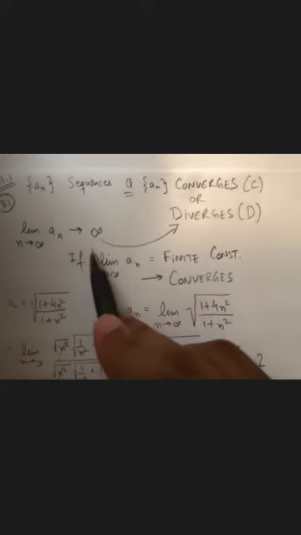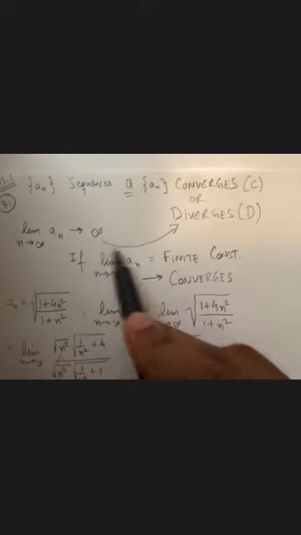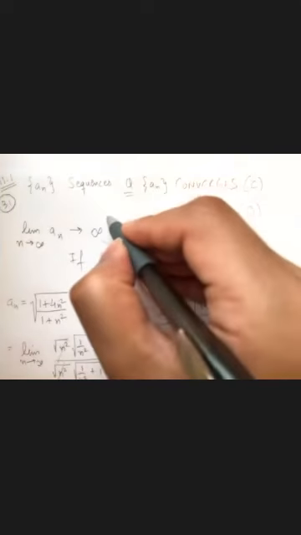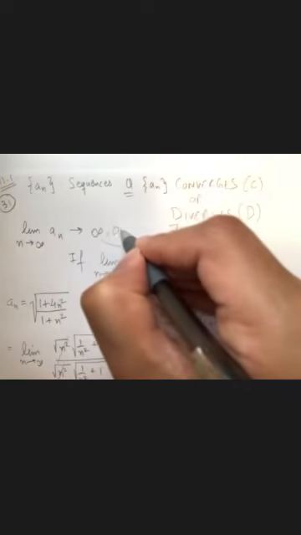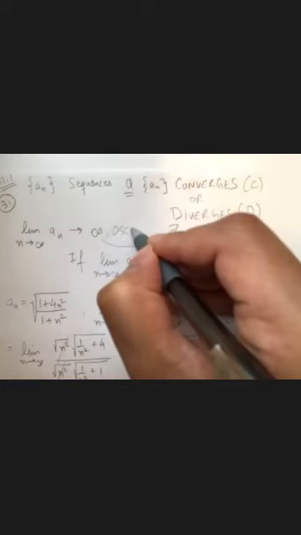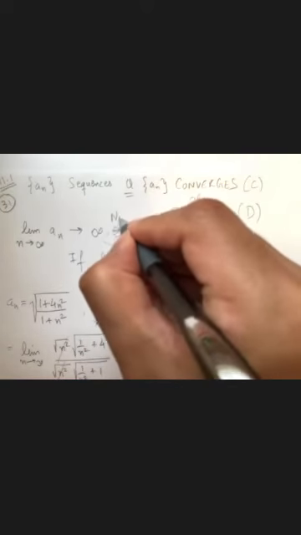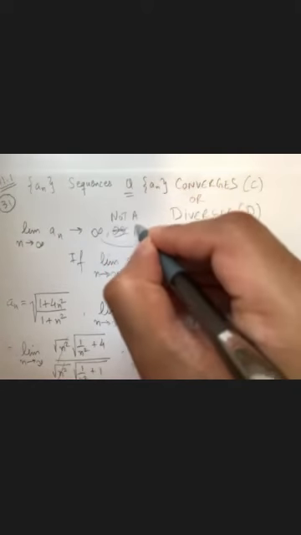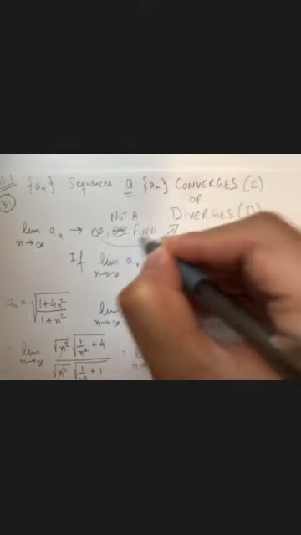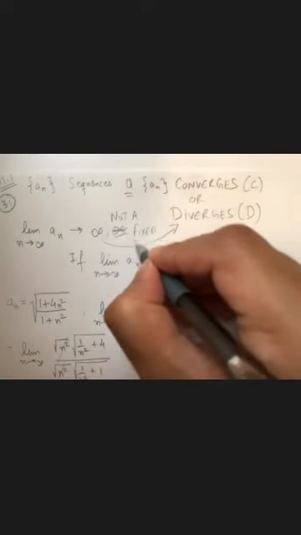So in addition to the limit being infinity, or it oscillates, let's say not a fixed value, that also implies divergence.